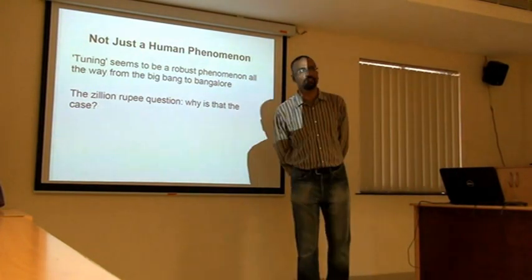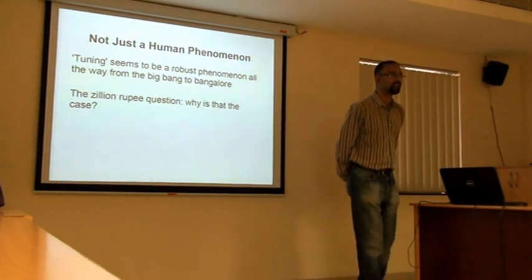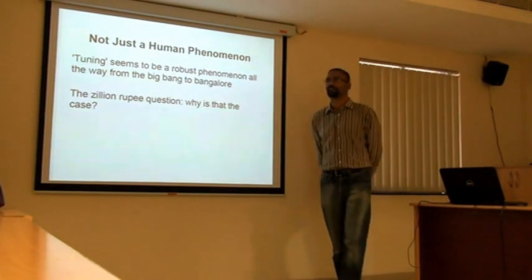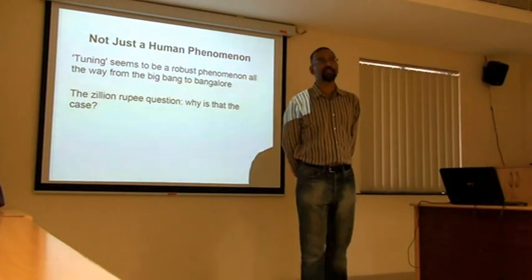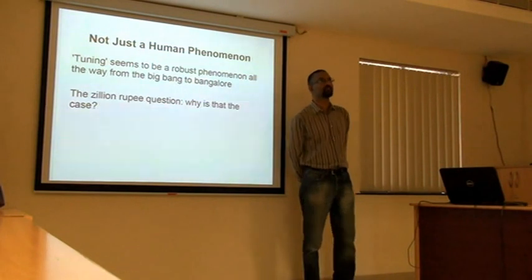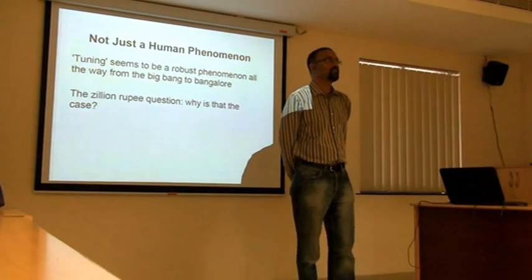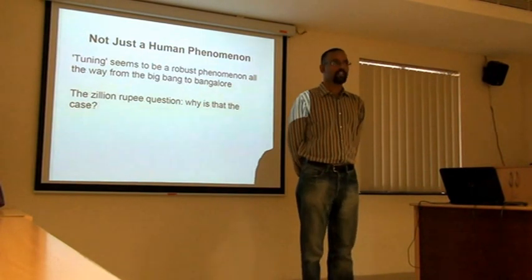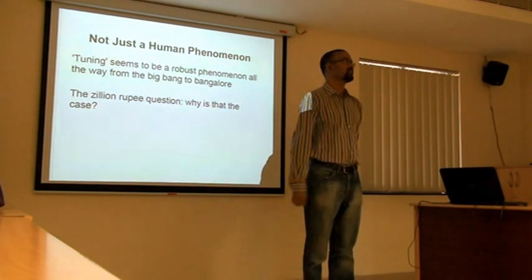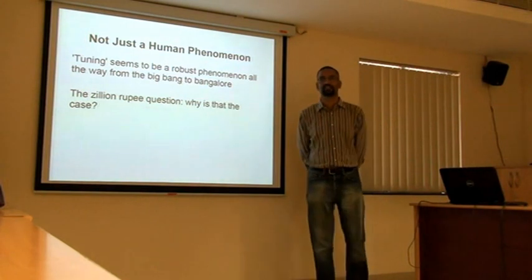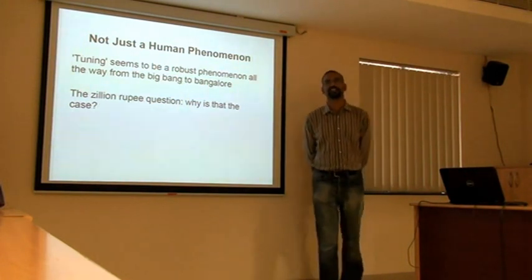And this kind of tuning, the fact that only a few things seem to matter, is a very robust phenomenon. I mean, you can play this in so many different ways. So for example, if the charge of the electron was even fractionally different from what it is right now, we wouldn't exist.